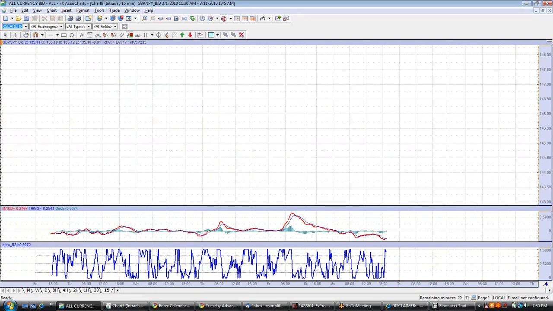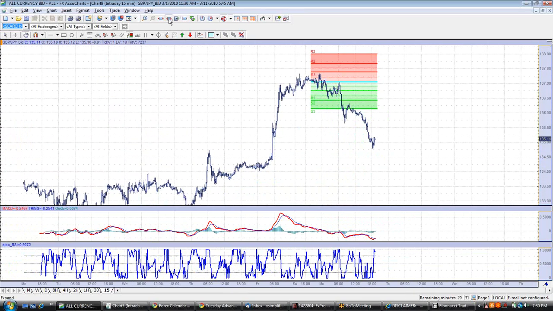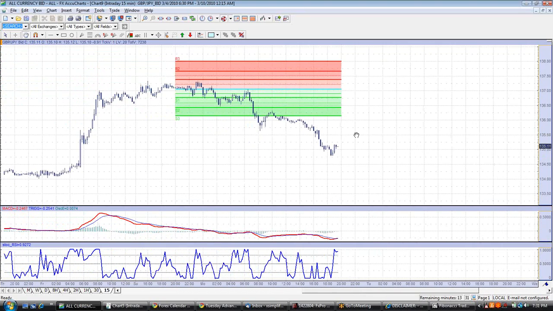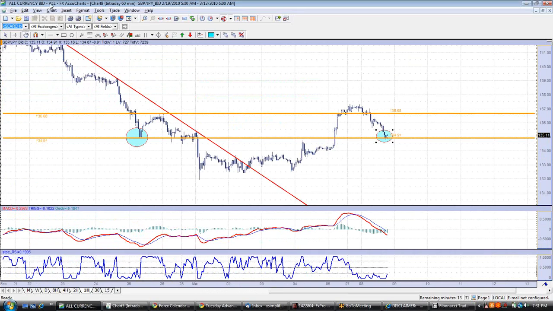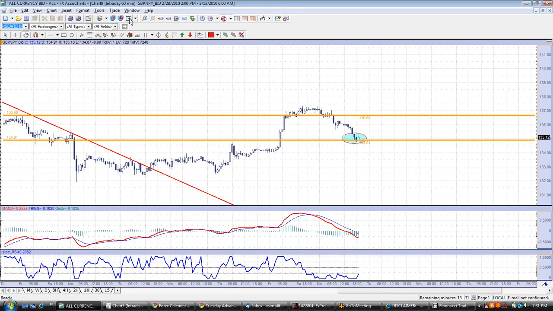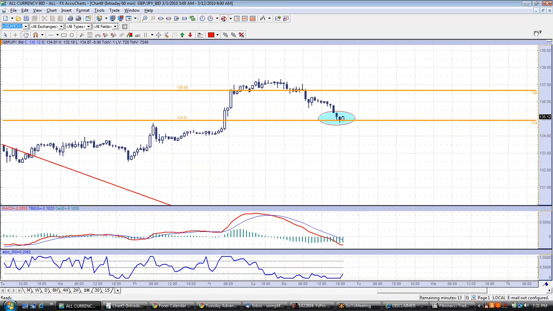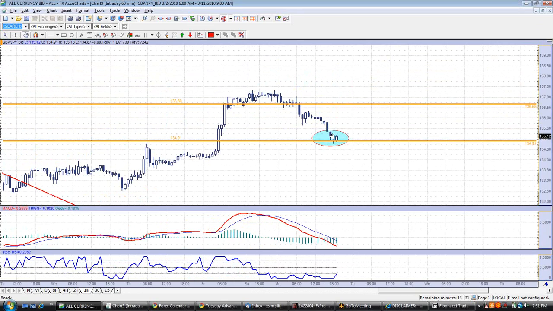Let me move the chart and see how the 15-minute looks. I don't like those candles. But if we see a bullish candle close here, we might have a good entry.